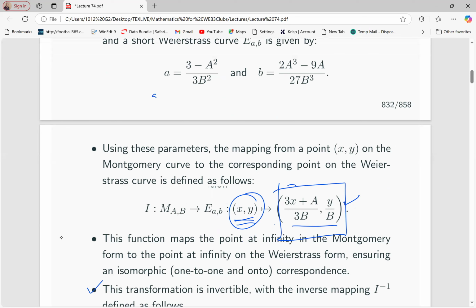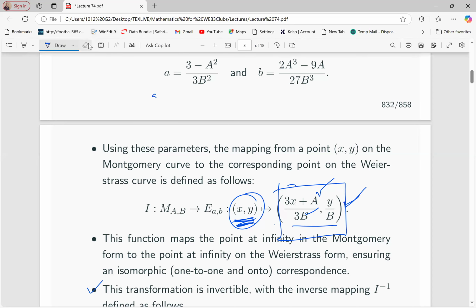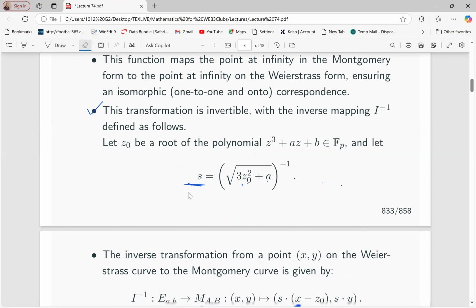It should be able to do that because you've already given it A, B, and the point that you want to convert. So it just does that and gives you the point on the short Weierstrass. When that time comes, I'll show you my code and you will see that is what happens.